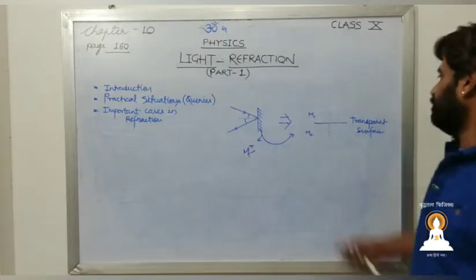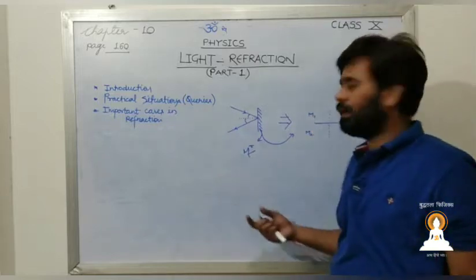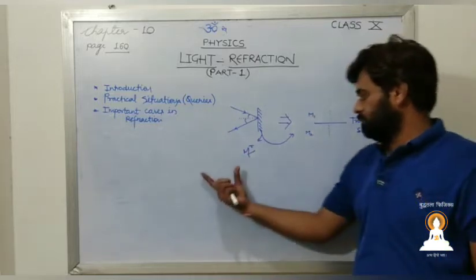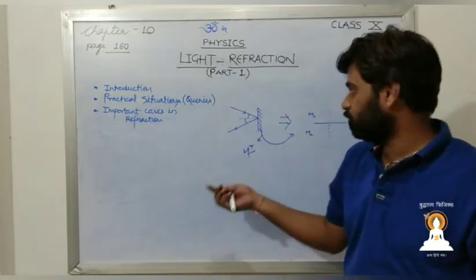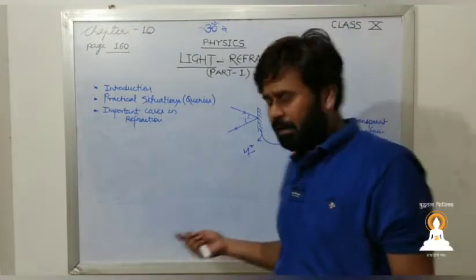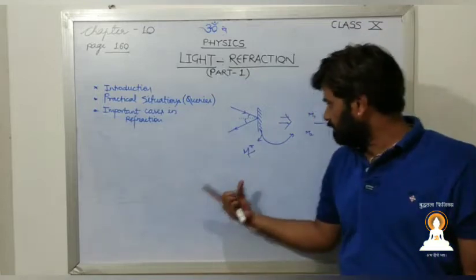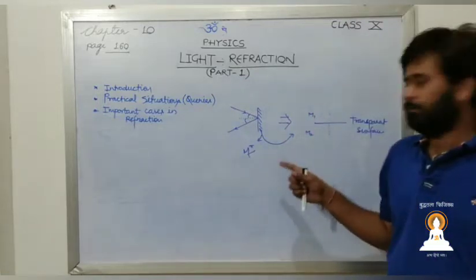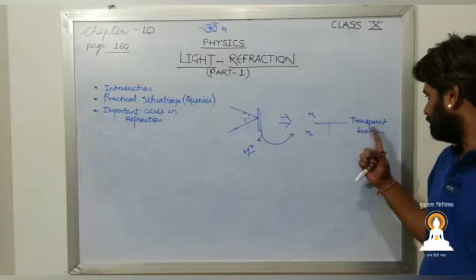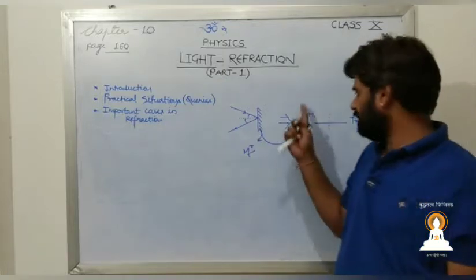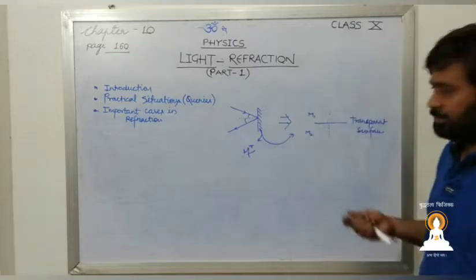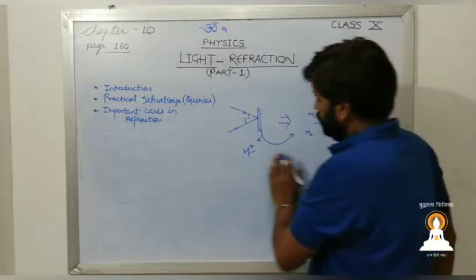Now sir, suppose I take the example of fruits. We distinguish them according to their taste, their color, and their size as well. Here also we have the option: because this is a transparent surface, one side might be one medium and the other side might be another medium.